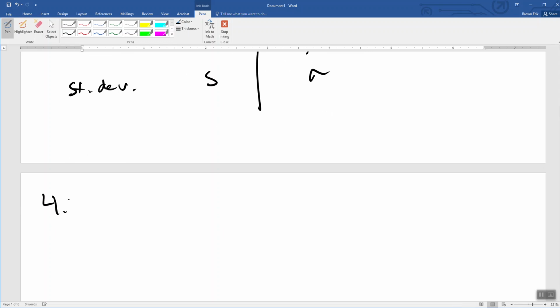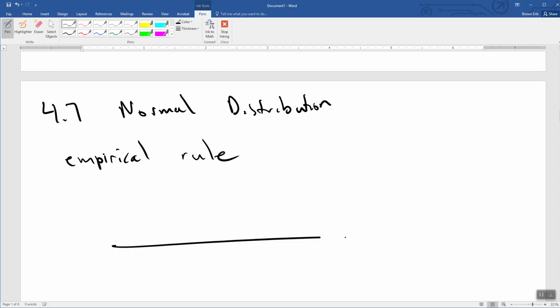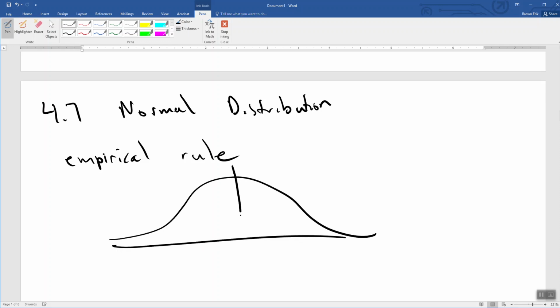We talked about the normal distribution, and there's really just two things to go with that. In your reference sheets, as you're taking the final exam, you're going to want to have the empirical rule spelled out. Essentially, you want to fill this in with all these lines and their percentages.